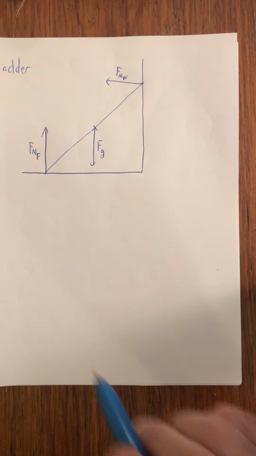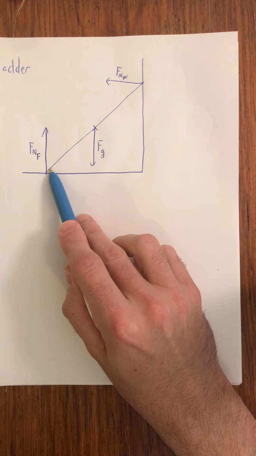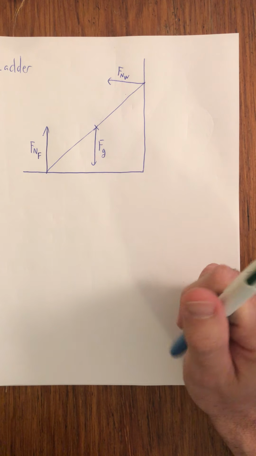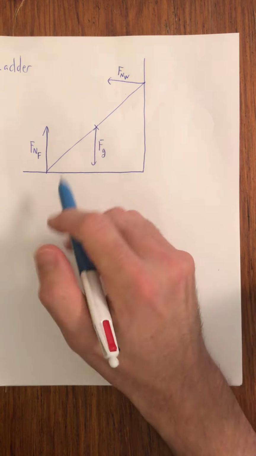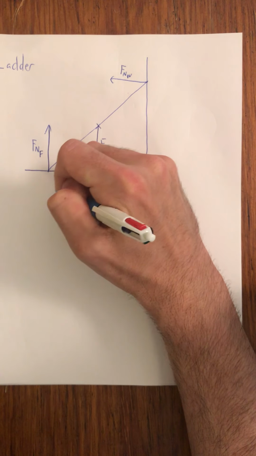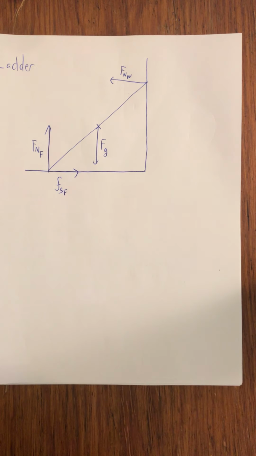Now, something that painters actually do to protect themselves is they'll attach a rope here and attach it to the wall to provide that. But for us normal schmucks, what we're usually using is static friction, right? And so there it is. There's a static frictional force with the floor there.